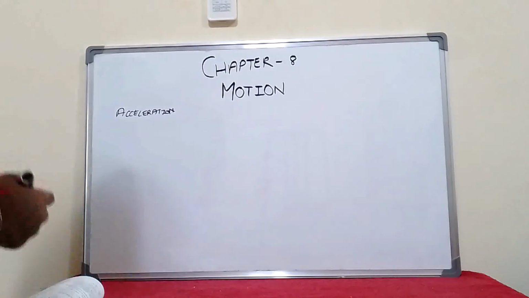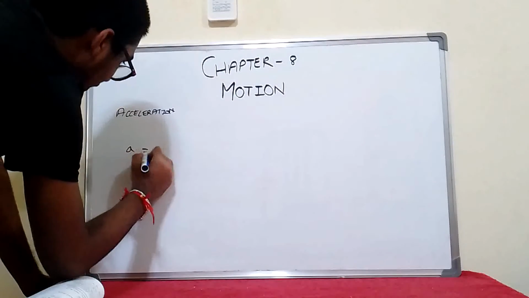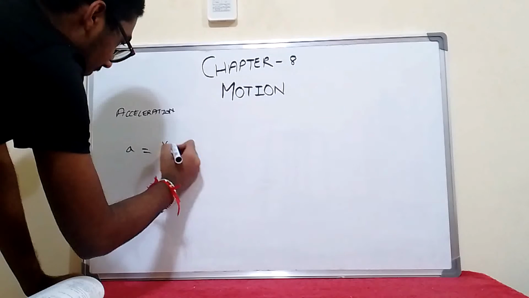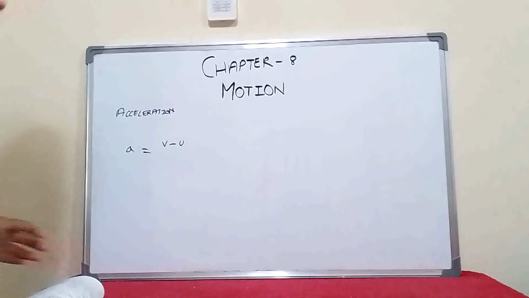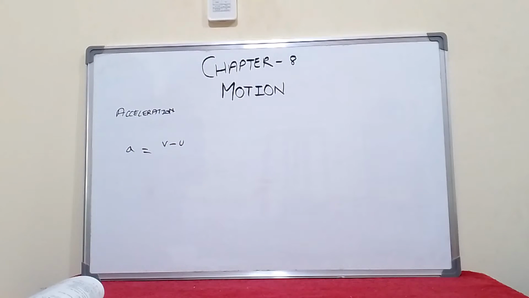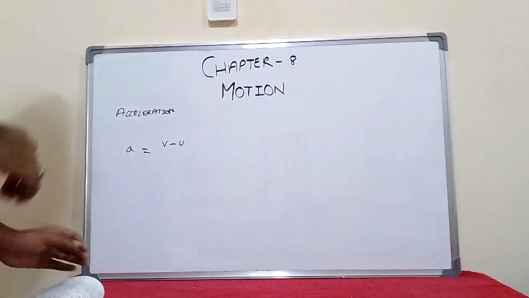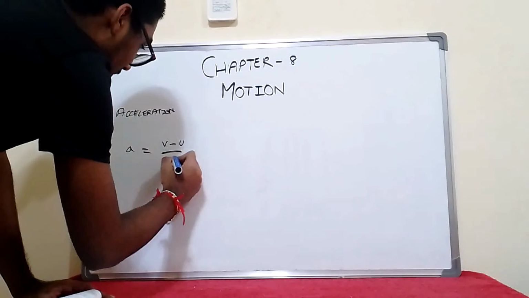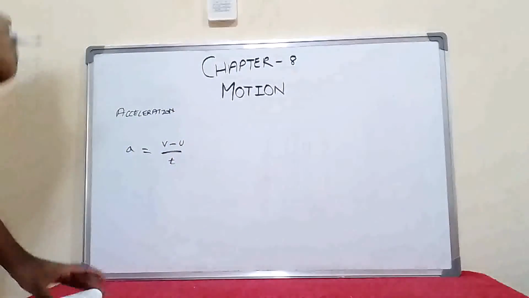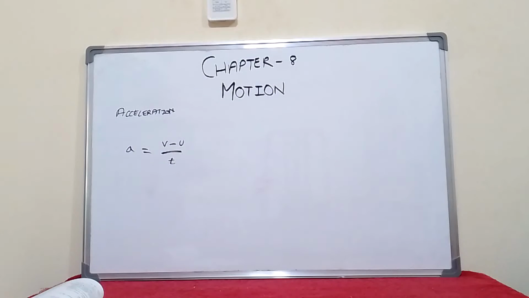Acceleration is equal to v minus u, which means final velocity minus initial velocity. This gives you how much the velocity has changed, and how much time it took for it to happen, so it's t. So acceleration means rate of change of velocity. The formula for acceleration will be final velocity minus initial velocity divided by time t.